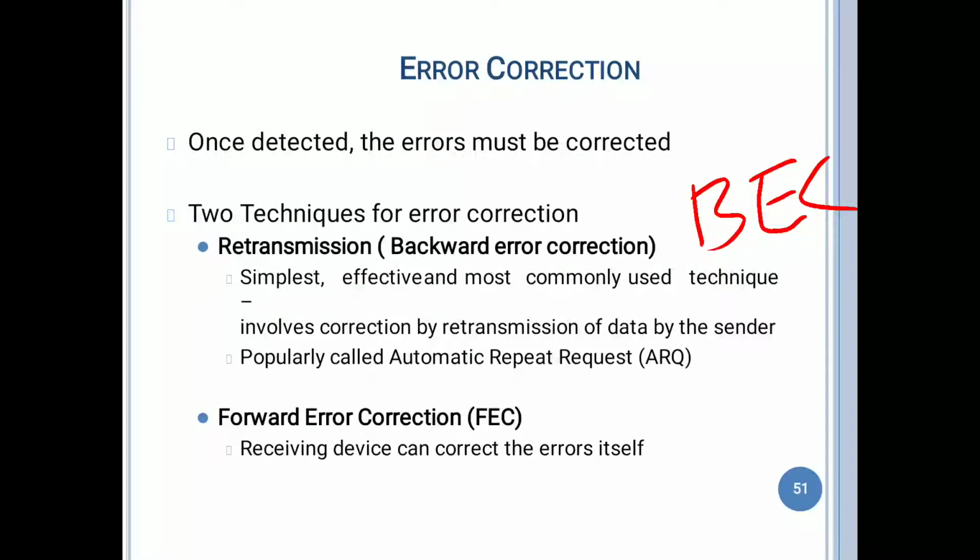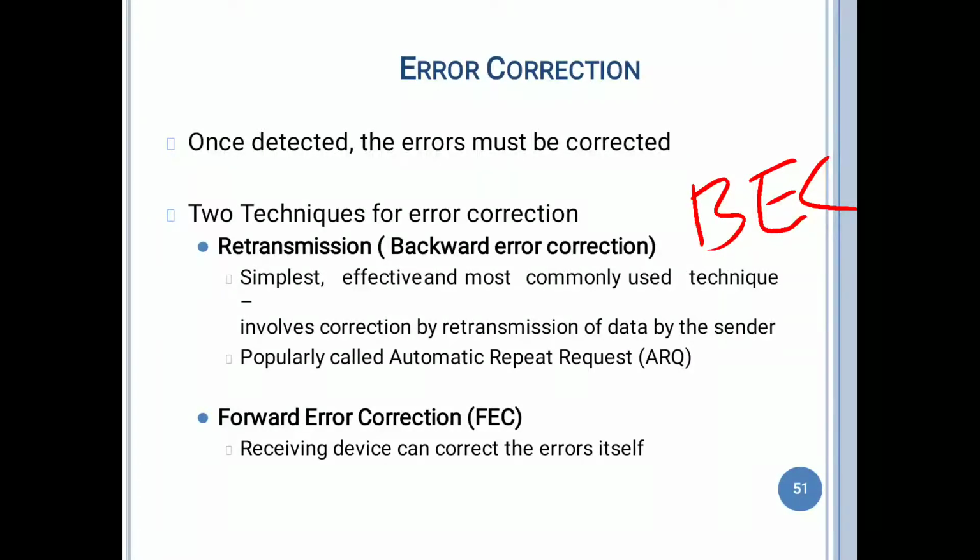But in forward error correction, the receiving device can correct the errors itself. Here the receiver, by using detection algorithms, will detect the errors, and after detecting them the receiving system itself will correct the data. By using the Hamming code algorithm, error detection and error correction are possible.